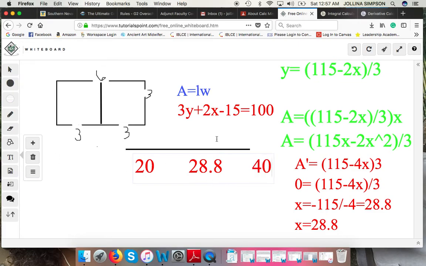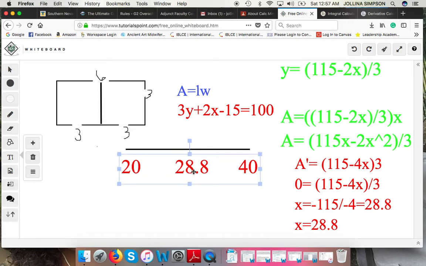These are some pretty big numbers here. So let me move this over a little bit. All right, so knowing that this is our critical value and these are our test values, we want to see how these values test in our derivative to see if this truly is the best maximum.